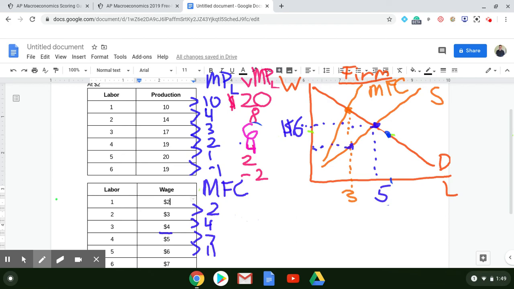So with this monopsony, you're in a situation where a firm hires less labor at a lower wage than the market would entail. That's your difference between a monopsony and a firm that's in perfect competition for labor. The firm owns the market, but they're unable to perfectly discriminate in wages.